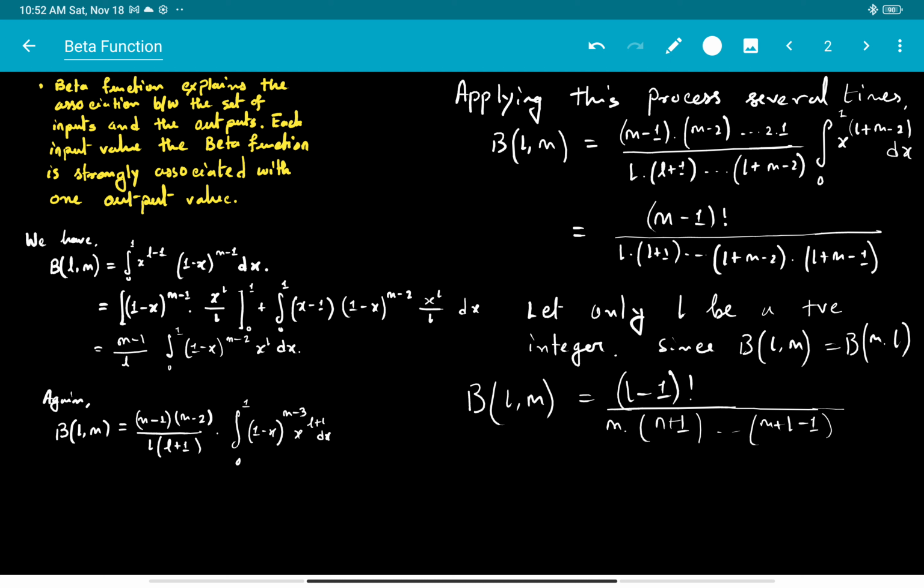If you change L and m, if you follow the symmetrical property of this beta function, you can write these things as well.